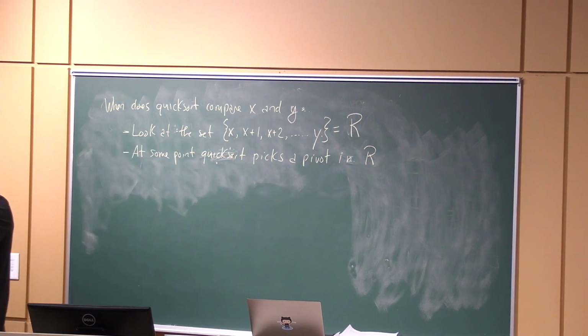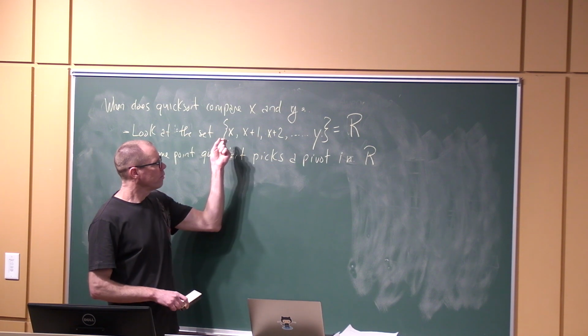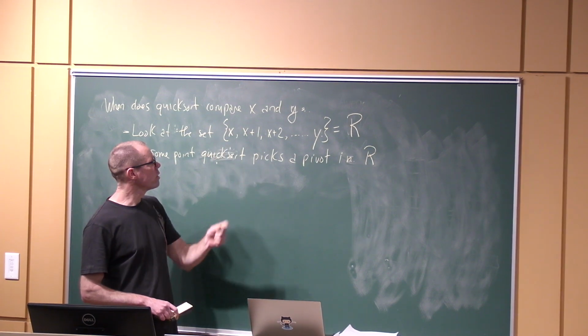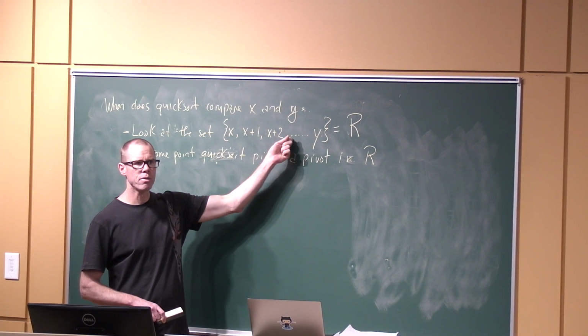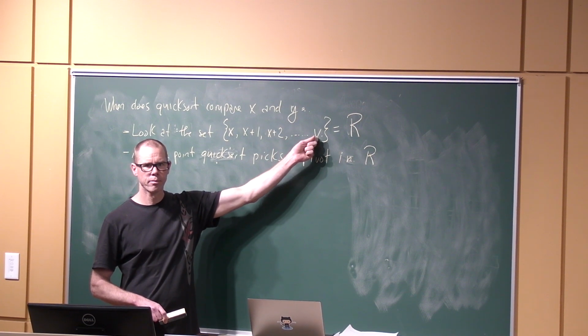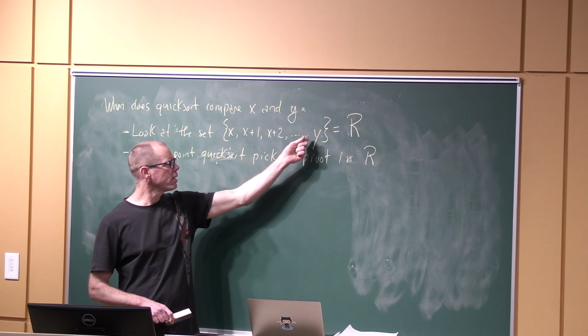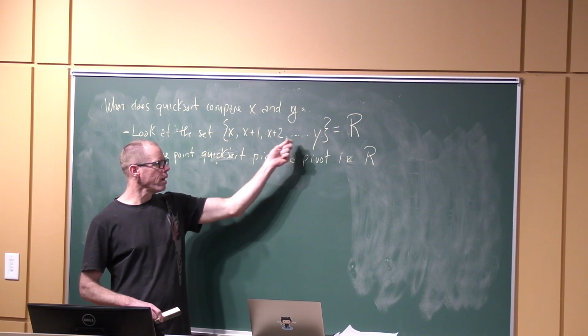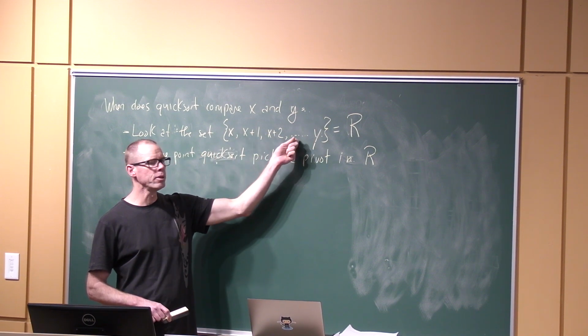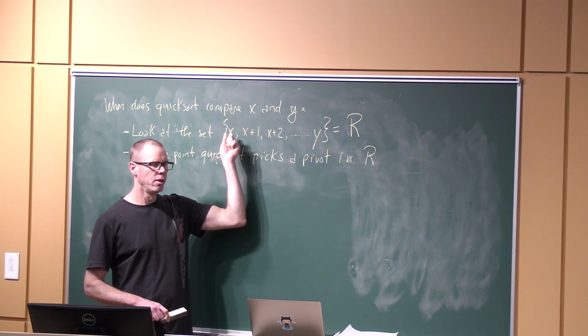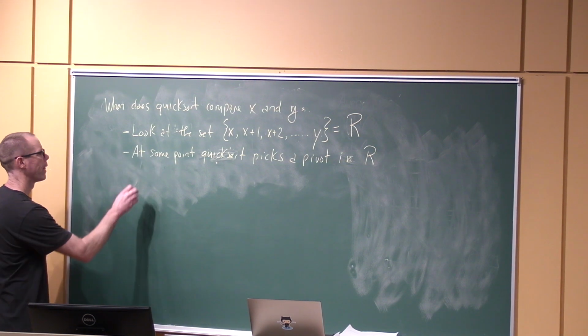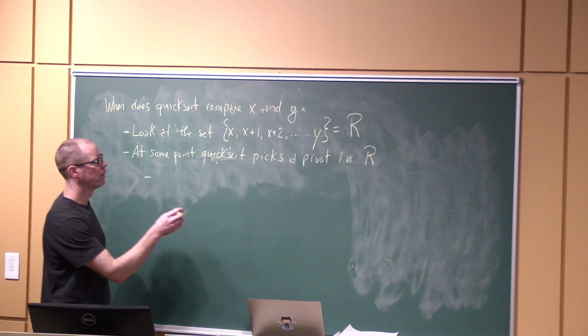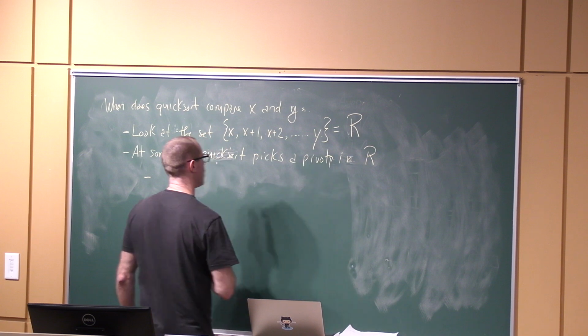It's a random choice, so it's equally likely to be any of these, right? Okay. So whatever that first one is that quicksort picks in this set is equally likely to be any one of these things. So pivot P in R.